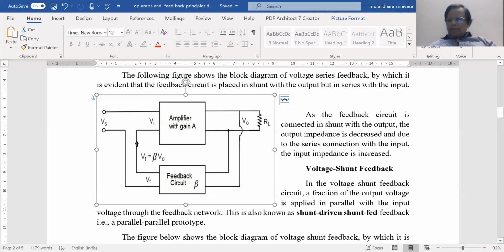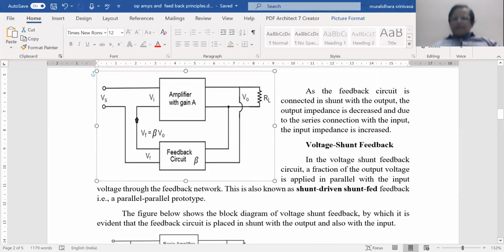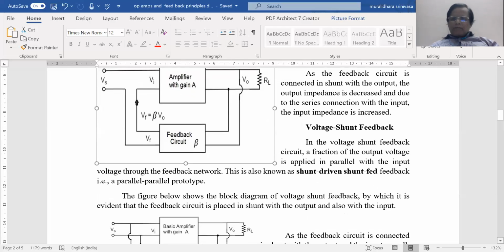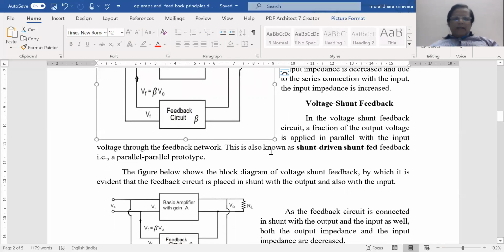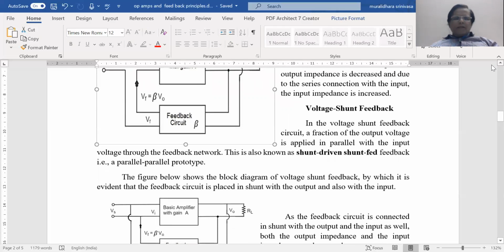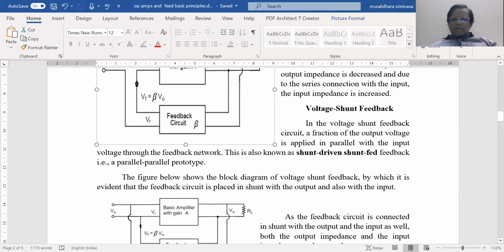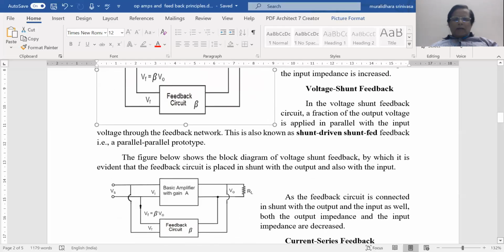Then we go to voltage shunt feedback. Now what is this voltage shunt feedback? This voltage shunt feedback is nothing but a connection in which a fraction of the output is picked up in parallel and also applied in parallel.